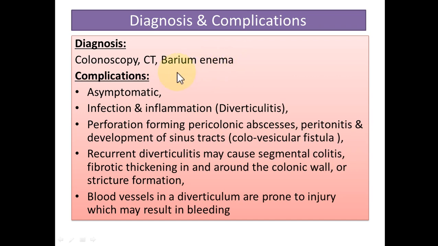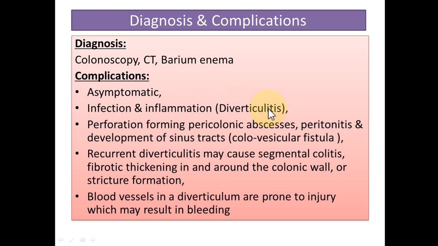The complications of diverticulosis are that most of the time they do not produce symptoms and the patient is asymptomatic. But if fecal matter is impacted, or if there is infection, bacterial colonization, or inflammation of a diverticulum or more diverticula, this will result in diverticulitis.